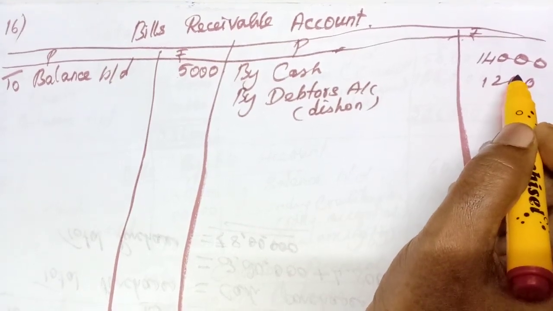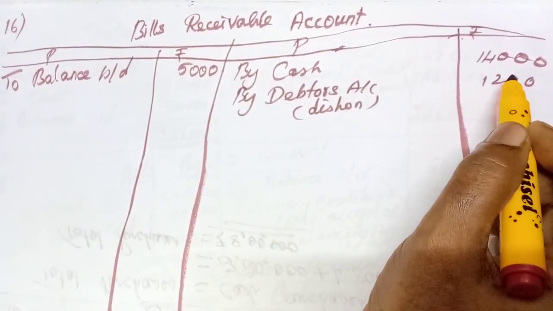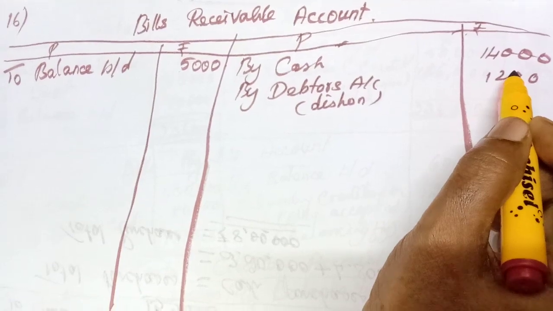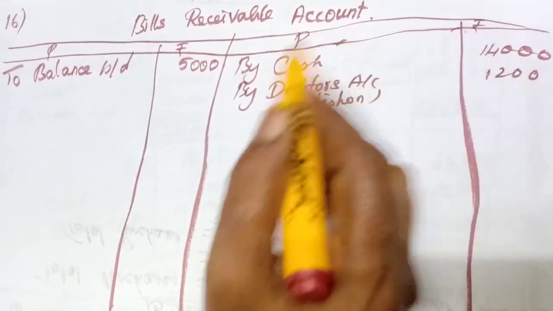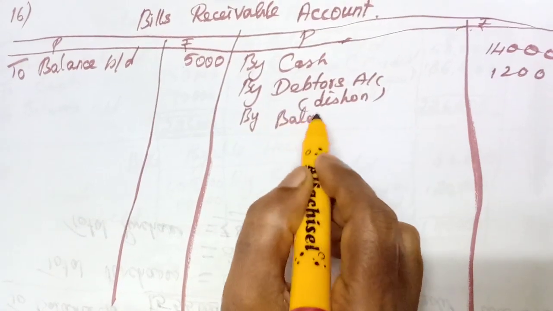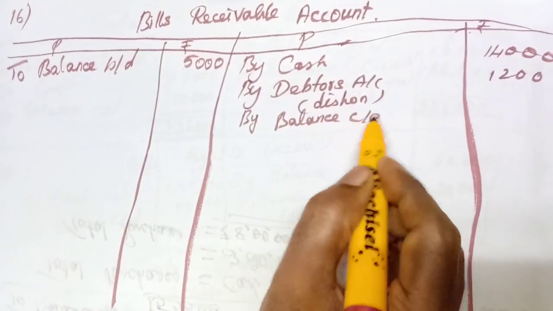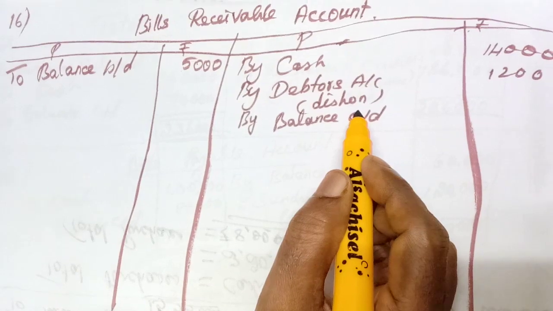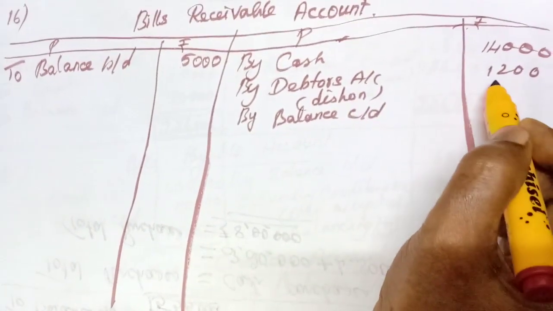Then closing balance we have to write now. All the other items we have entered, bad debts will not come. Now we will write the closing balance by balance carried down. By balance carried down. Bills receivable closing amount 1,000.